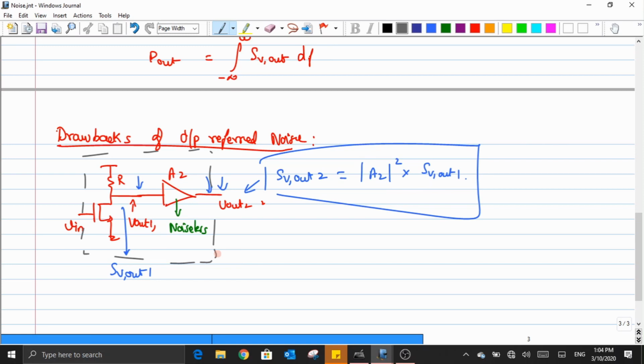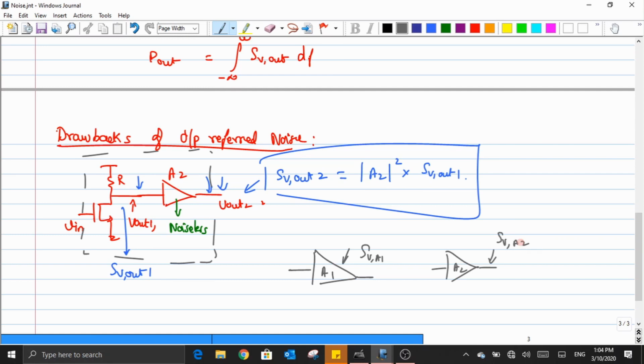Also, say for example, you have two circuits and you want to compare the noise produced by both of them. Say I have circuit number 1 which has a gain of A1, and circuit number 2 will have some other gain. In this case, I will have a different value of noise in the first circuit, let me write it as SV of A1, and a different power spectral density across the second amplifier.